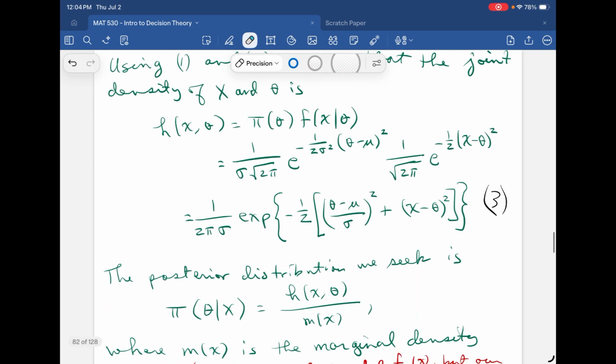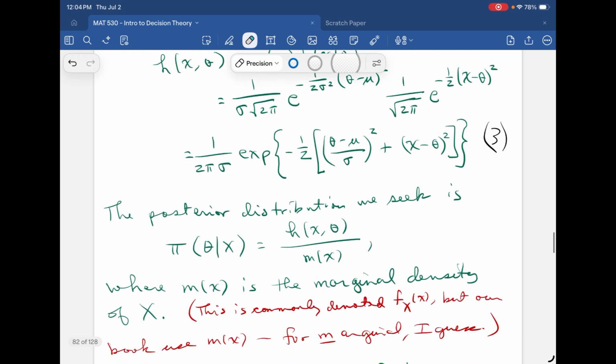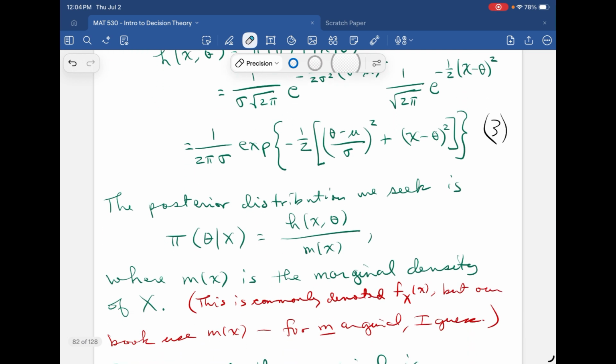Because here's the posterior distribution formula, the distribution of theta given x. This is what we're after. And as you see there, we need to know the marginal for x. And let me just point out here, typically this marginal is written as you see there, but our book uses little m for marginal, so we'll stick with that.